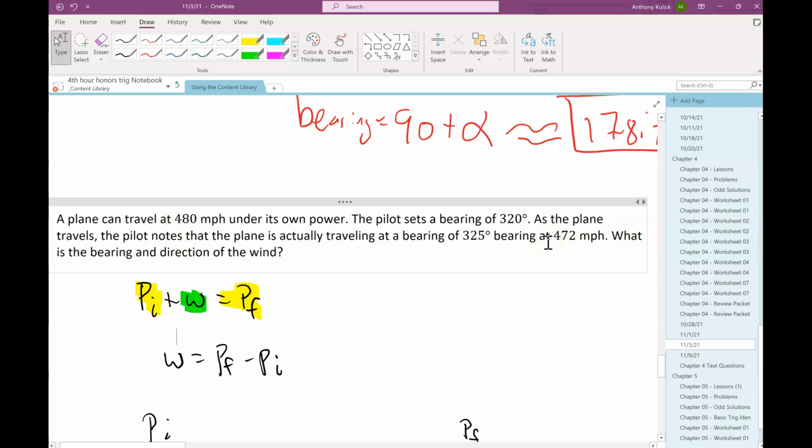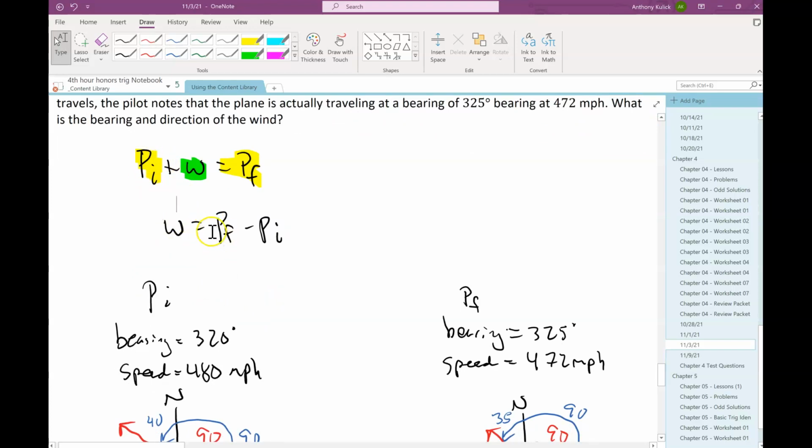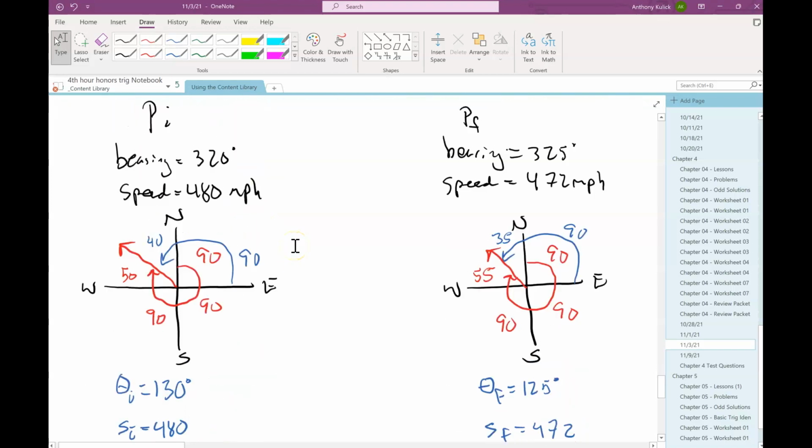We're at full power, but we're not going as fast as we should. Again, that's the result of some other force, in this case wind resistance. So to find that wind, I know the initial plus the wind must be giving me the result, the final. So to find the wind, I'm going to be doing the subtraction, the final minus the initial.